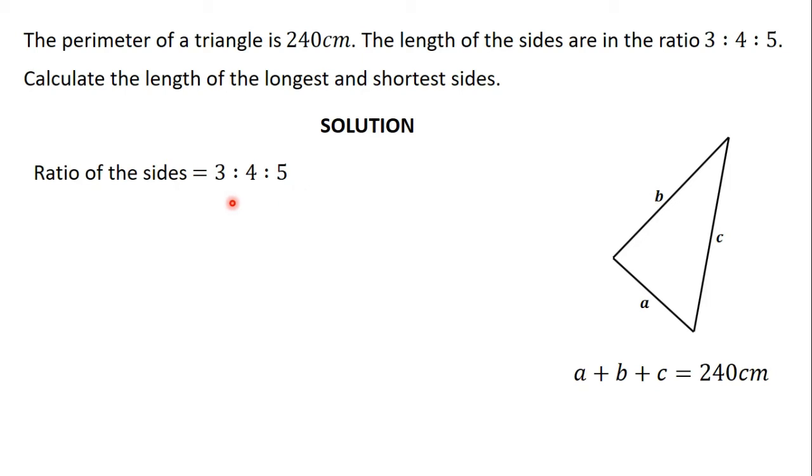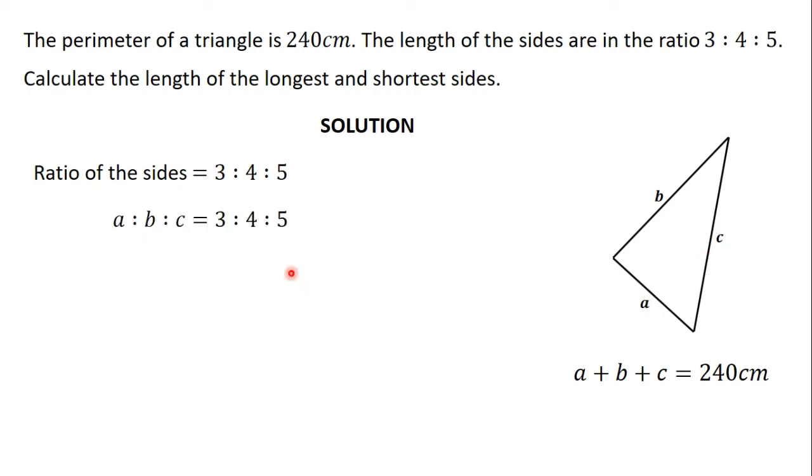What this means is that the length of the shortest side corresponds to 3, since that is the smallest part of the ratio. The length of the longest side will correspond to 5, since that is the biggest part of the ratio. And the length of the other side will correspond to 4, since that is the length of the side that is between A and C.